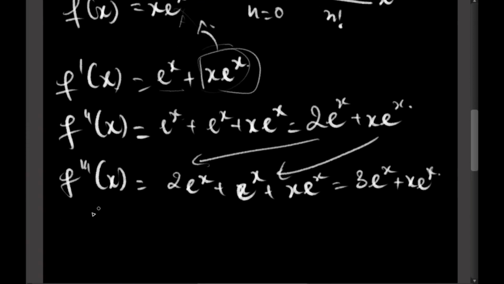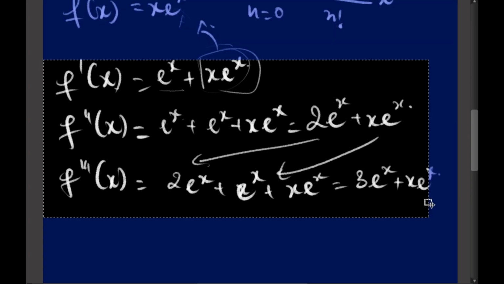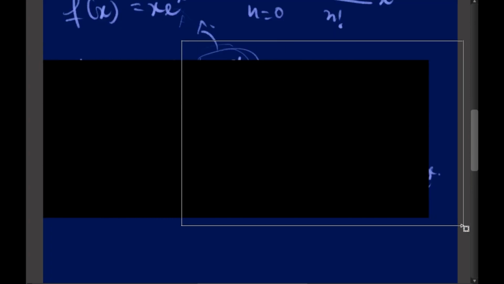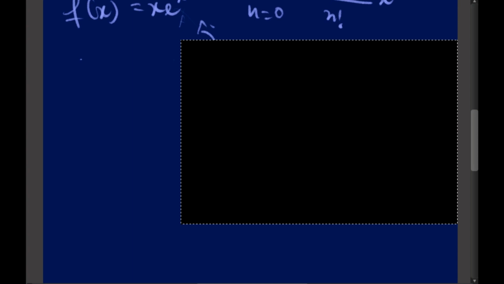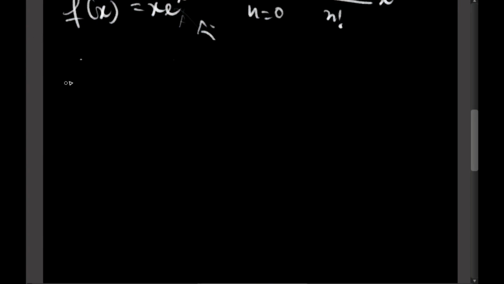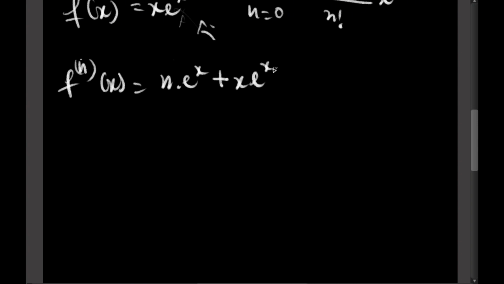So you can see the pattern now, and so we can turn that into one simple expression. We can encapsulate all of that as the nth order derivative of f(x) is going to be n multiplied with e to the power of x plus x e to the power of x, right?